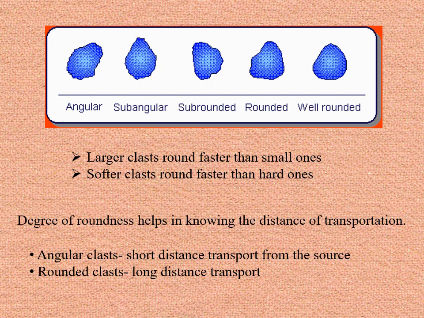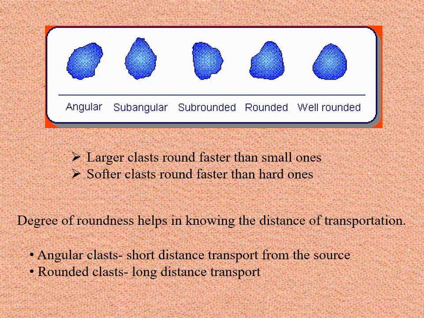Whereas a smaller clast, because of its lower surface area, has less probability of colliding with other grains or the bottom substrate. So the roundness value of a smaller grain will be lower compared to a larger clast having the same physical and chemical conditions.